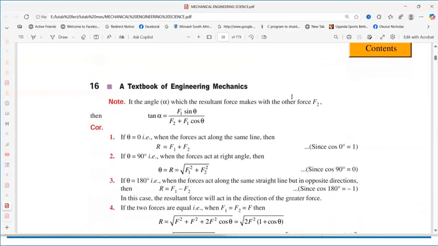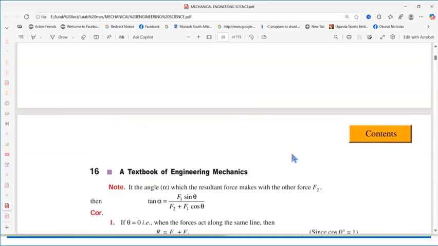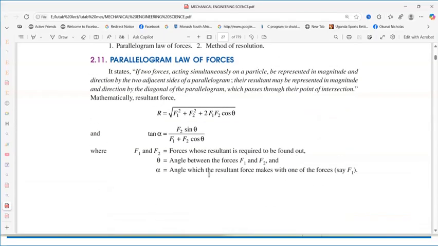If it is with F2, then you have F2 at the bottom here and has no trigonometric ratio. If it is with R1 or F1, then it would be F1 without anything here.